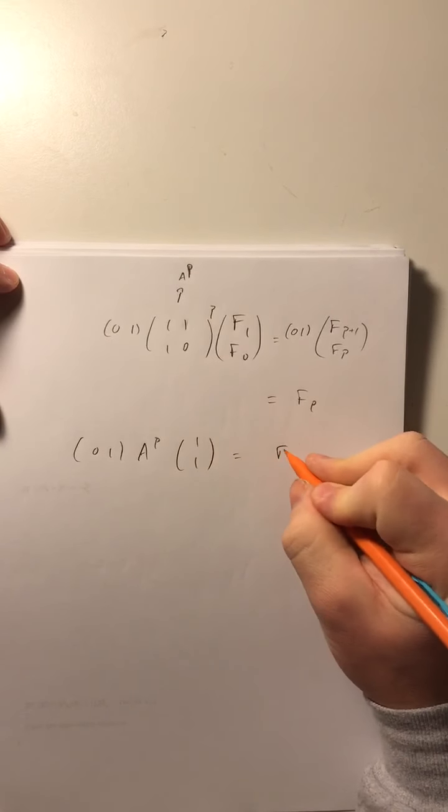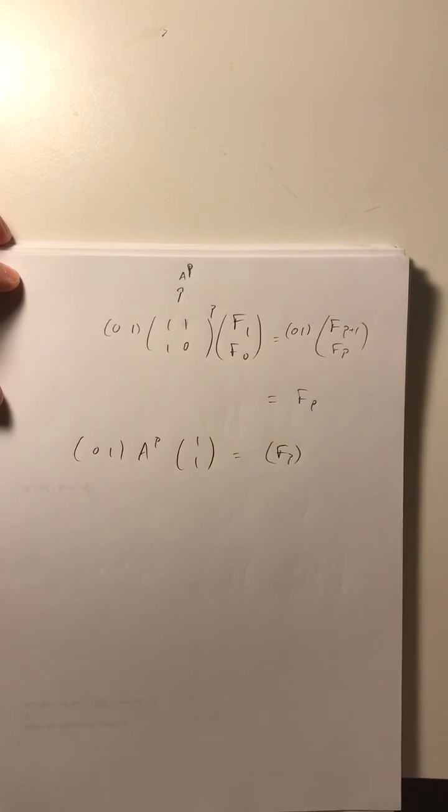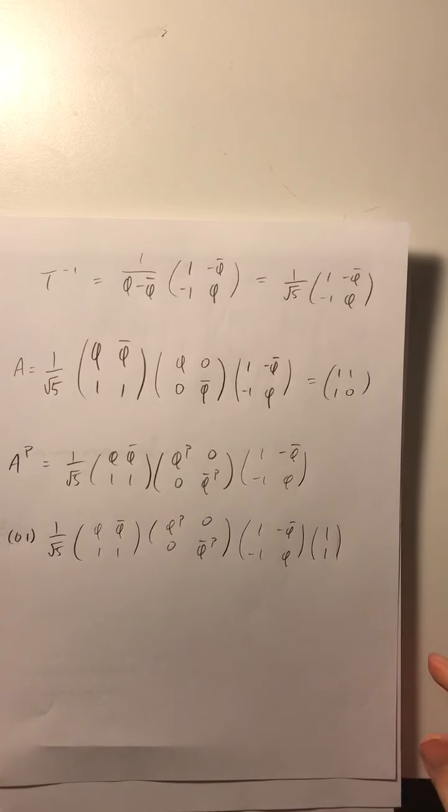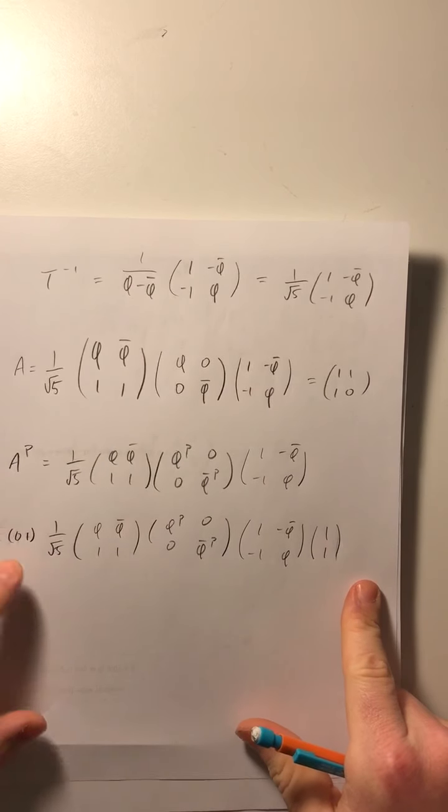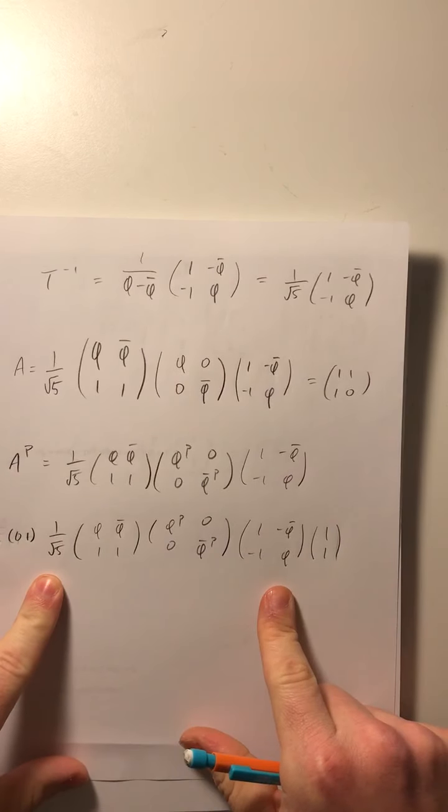This is F(P). Technically, it's the 1 by 1 matrix that has only one number in it, and that one number is F(P), but that distinction is not important. And so now this is what we're doing here. I have the 0, 1, I have the 1, 1, and all of the rest of this is A to the power P.